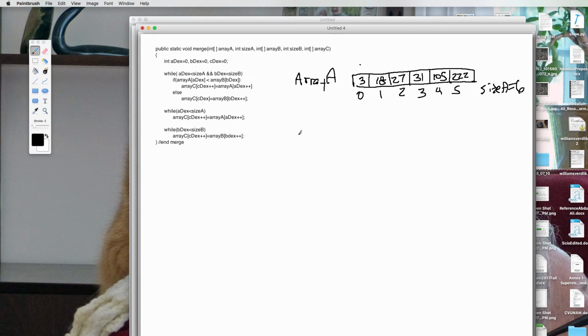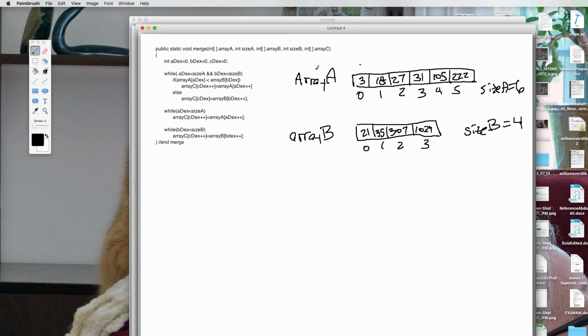Now we come over here and we've got array B. Maybe that's a different sized array. We don't particularly care. Maybe this is 21, this is 35, this is 307, and that's 1024. In this case we'd have indexes 0, 1, 2, 3. And over here I would have that size B is equal to 4.